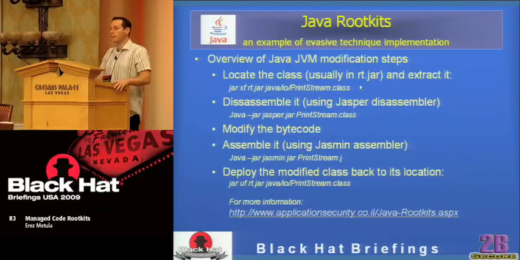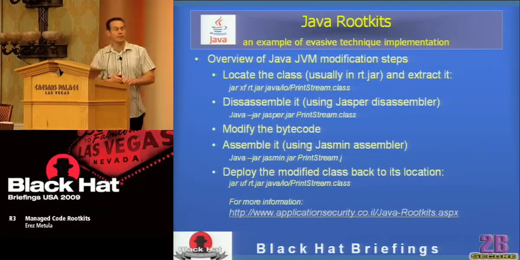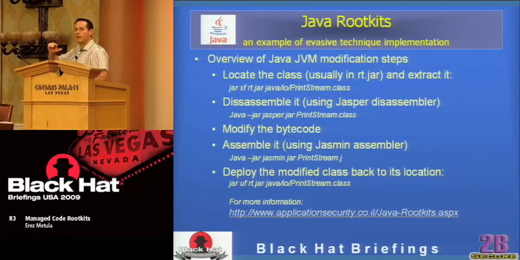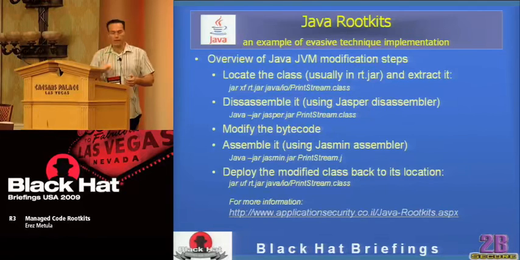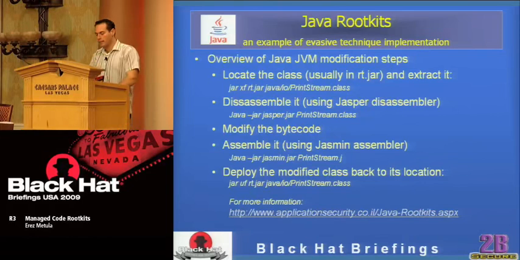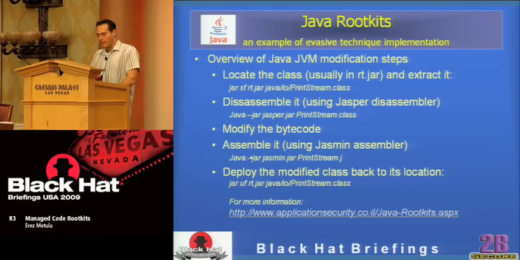Basically, I need a good disassembler. For example, Java's native disassembler, javap, is not good for doing that. I need disassemblers, for example, Jasper and Jasmin, which can perform the disassemble and reassemble. So first thing I'm doing, disassembling using Jasper, and after changing the code, I'm assembling using Jasmin, and after that I'm getting my class.